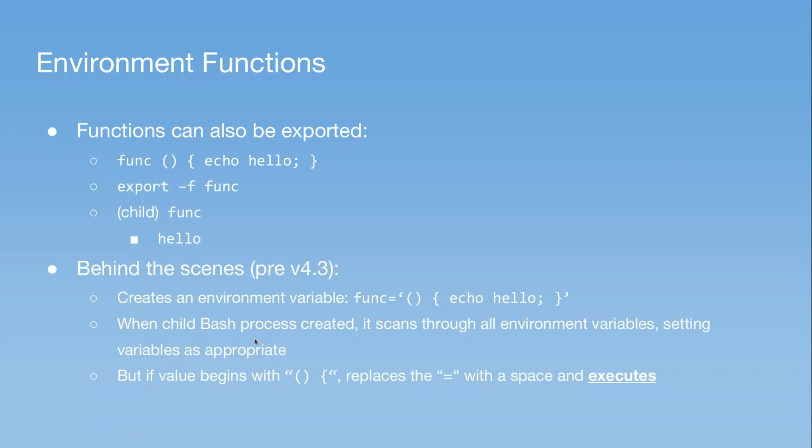Then when the child bash process is created, it scans through all environment variables and sets the environment variables as appropriate. So that's the normal behavior of how environment variables are imported. But if the value of the environment variable begins with this substring, it replaces the equal sign with a space. It removes the string quotes as well and executes.